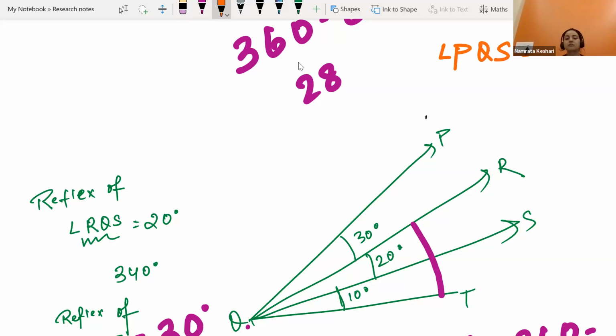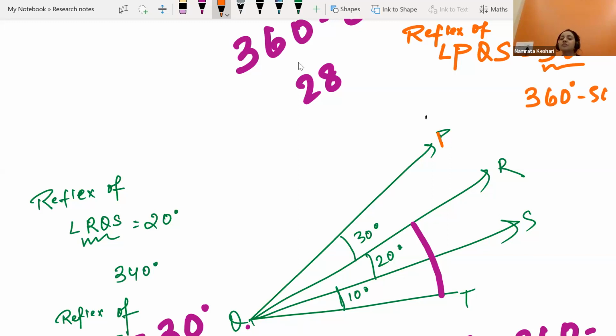50 degrees. Yes, it is 50 degrees, and the reflex of this will be... Rumaisha, you only. Reflex means this angle we need to subtract from 360 degrees.